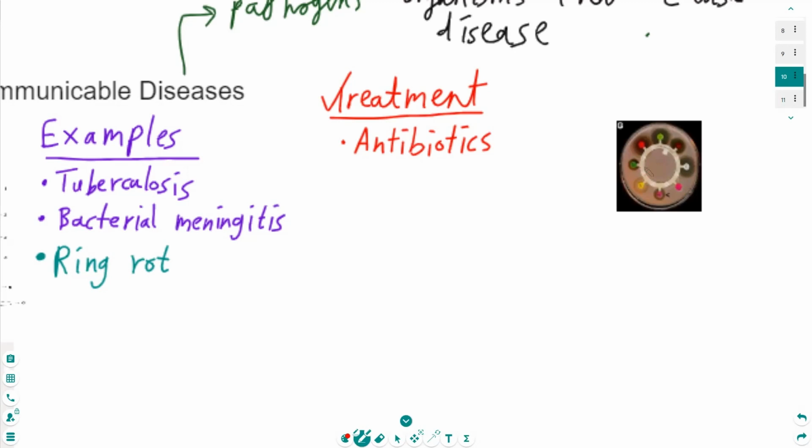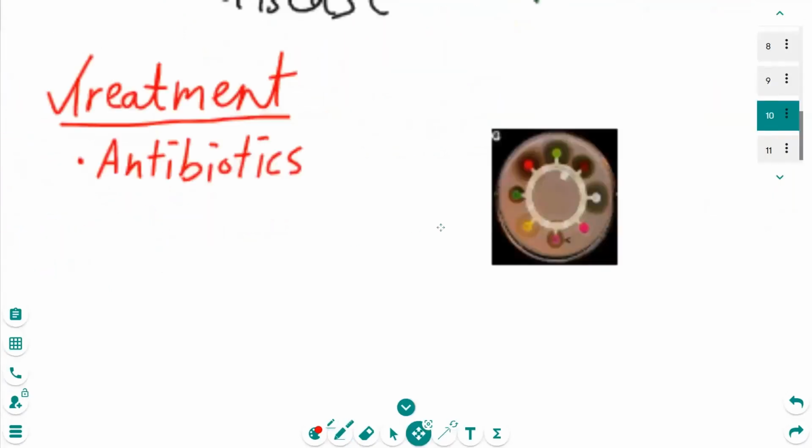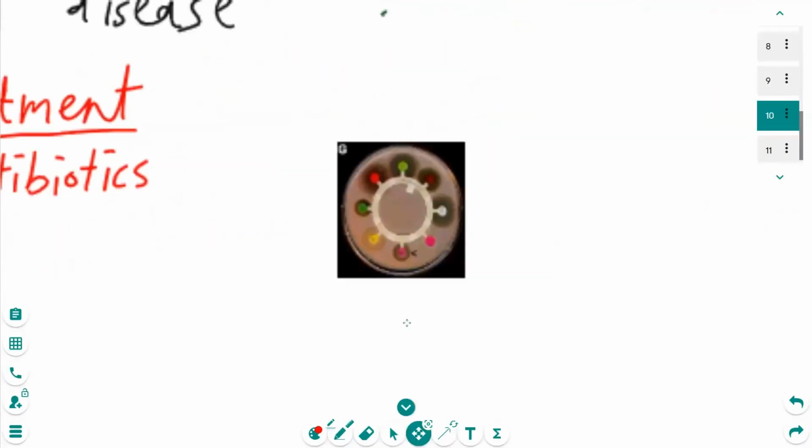Hospitals have a way of determining which antibiotic is best for that type of bacteria. We have an example here, which I will zoom in to. Here we have these discs, which are impregnated or loaded with a different antibiotic.